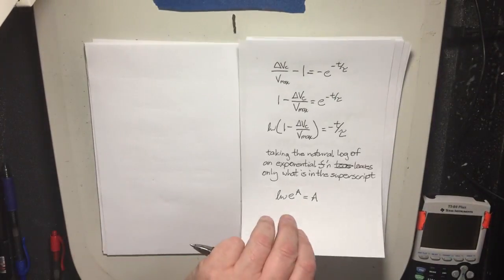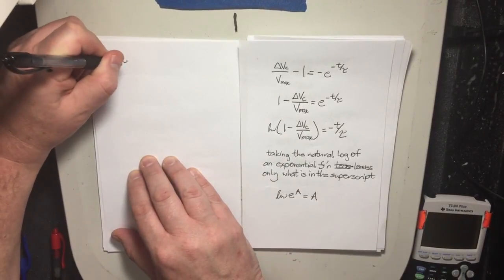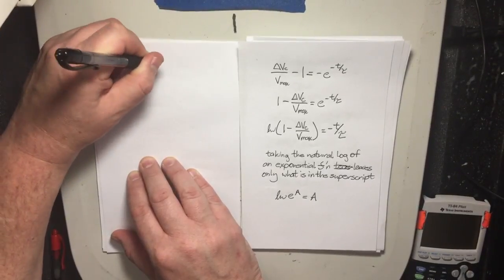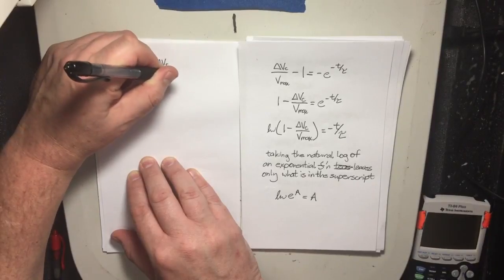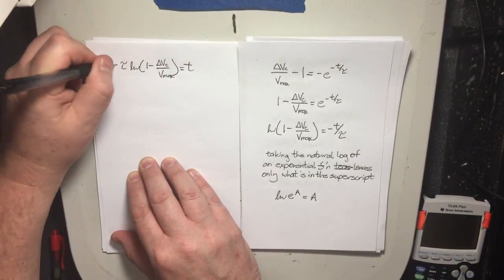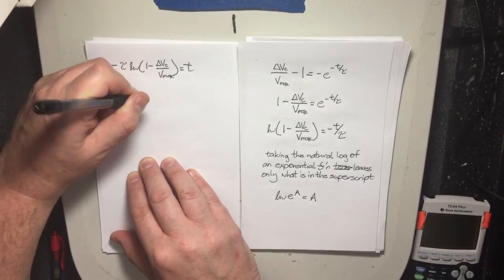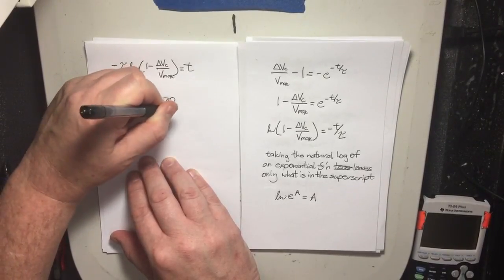I then multiply both sides by negative tau, and I get negative tau ln of 1 minus delta Vc over Vmax is equal to time. So negative tau, negative 0.4, natural log, 1 minus 70 over 100.